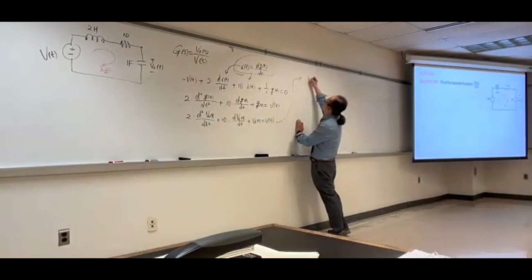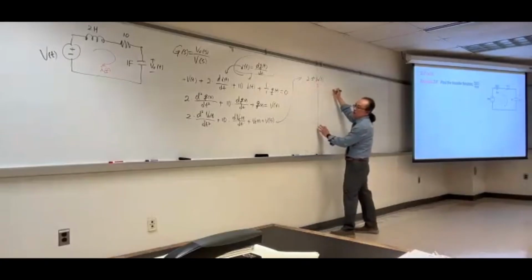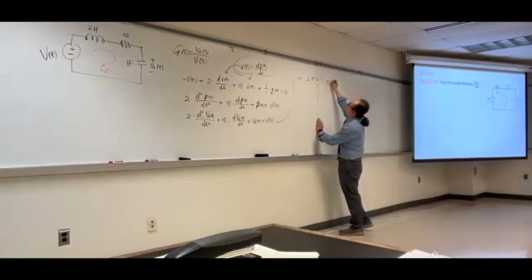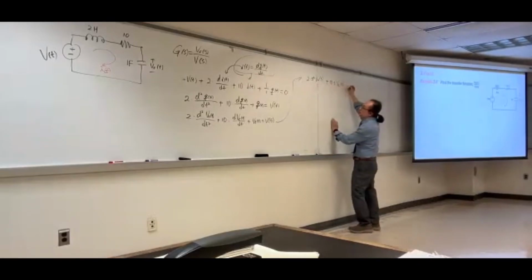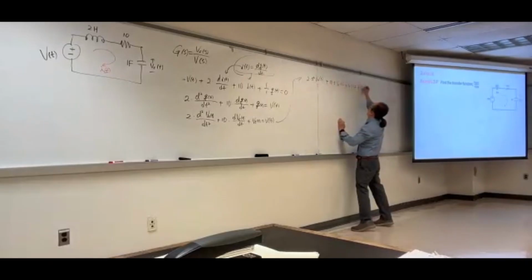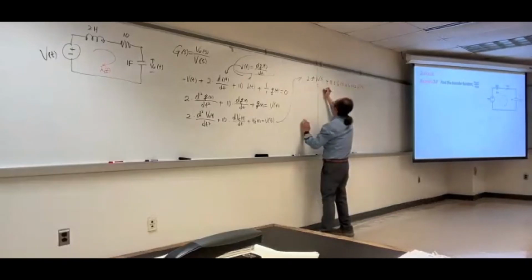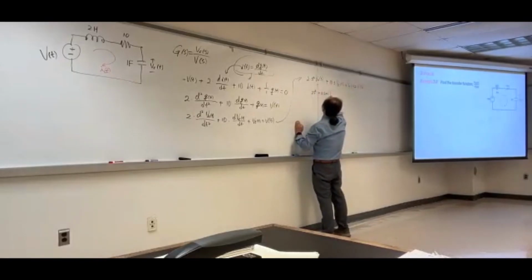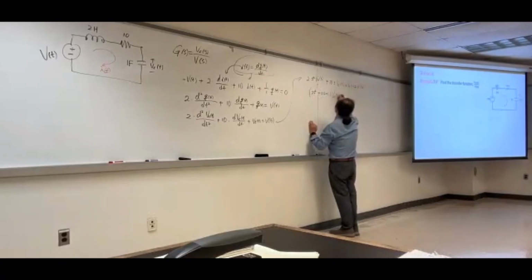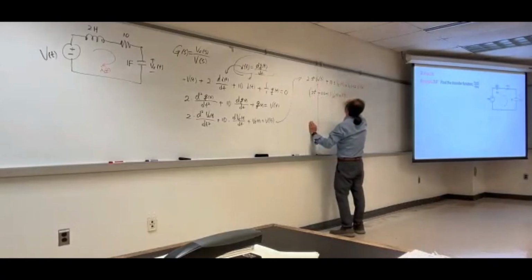So we have 2 times s squared VC of s, that's the only term, plus 10s VC of s plus VC of s equals V of s. Factor out VC of s: 2s squared plus 10s plus 1, VC of s equals V of s.